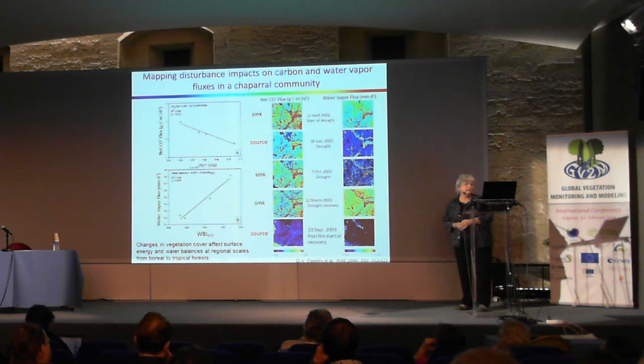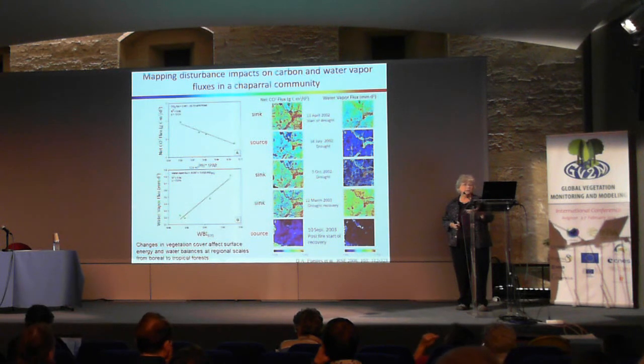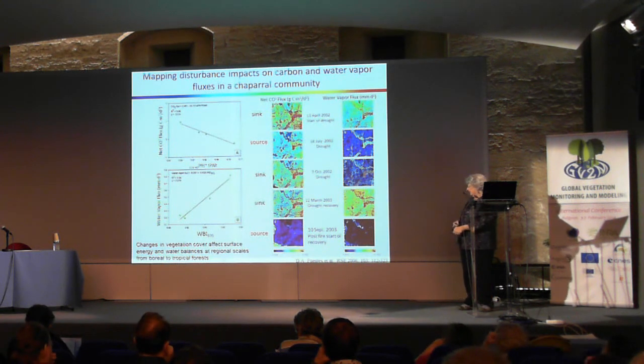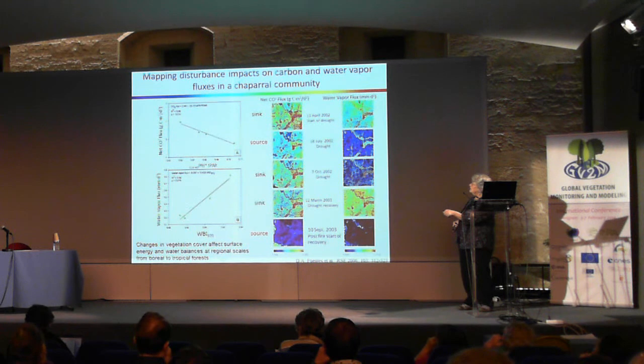The other aspect is to try to understand how disturbance systems alter the carbon and water fluxes in a community. And here I show one from Southern California that John Gamon, David Fuentes et al. did several years ago, where you can see the fluxes of carbon dioxide change dramatically, both spatially and temporally.